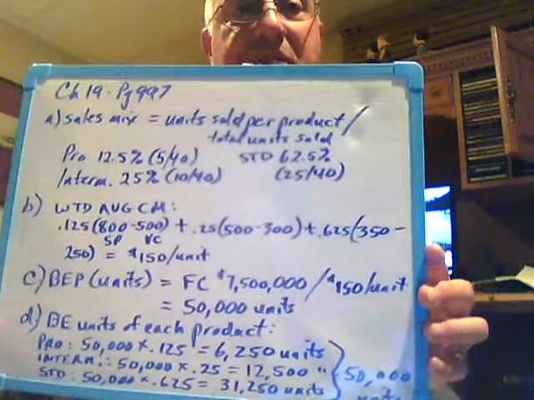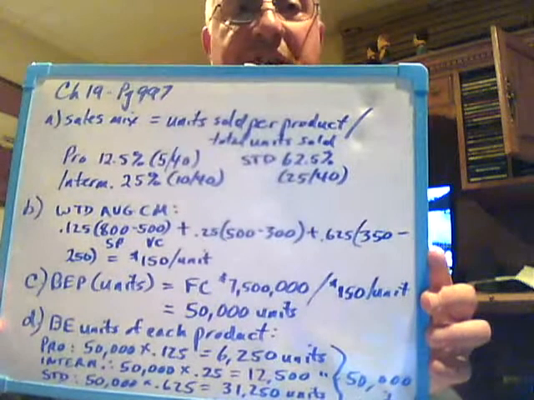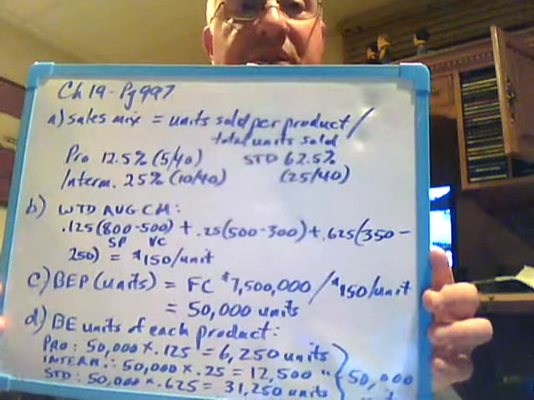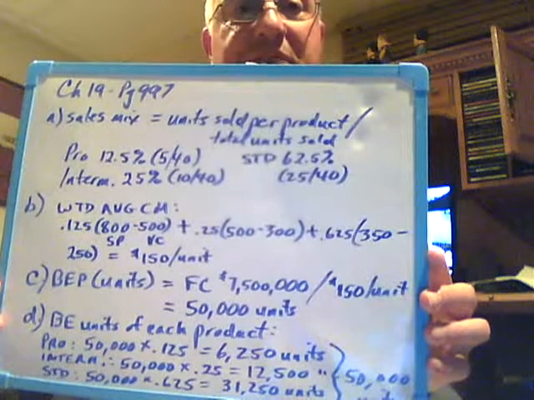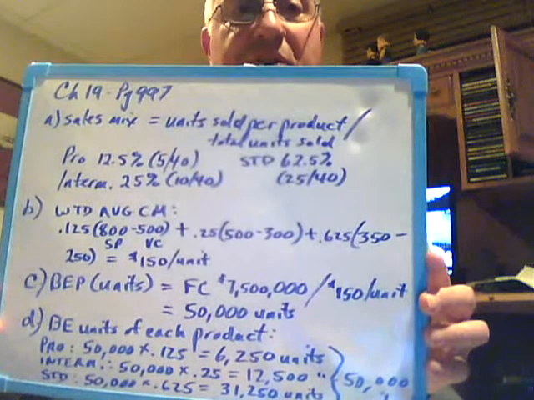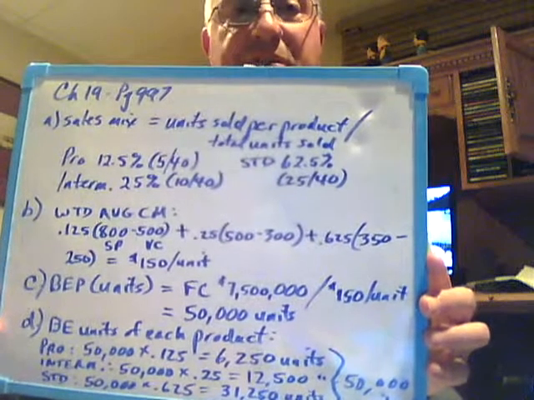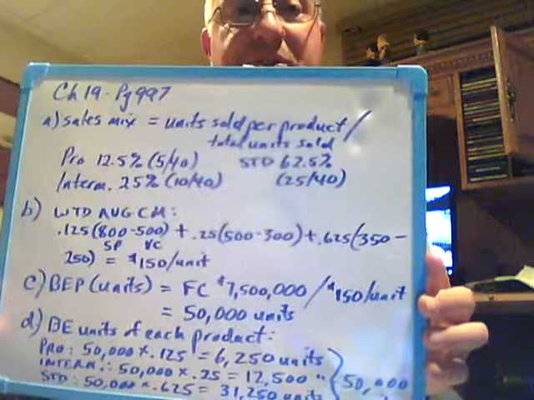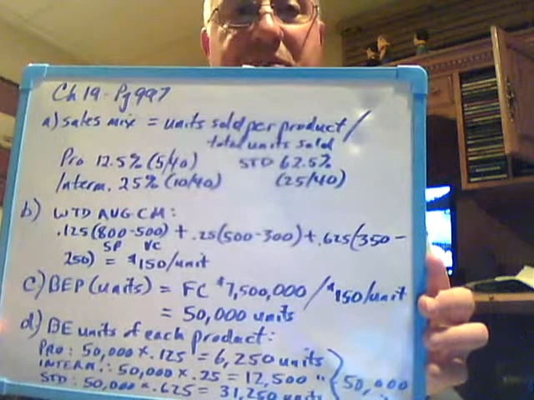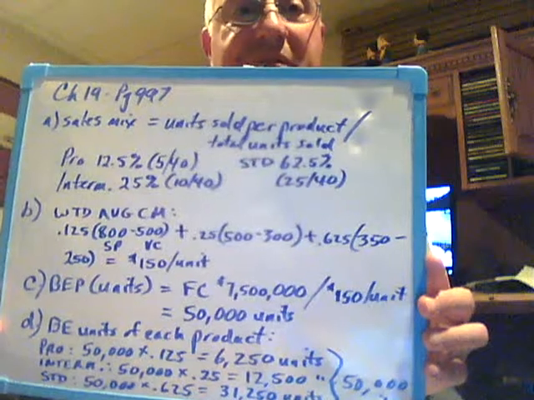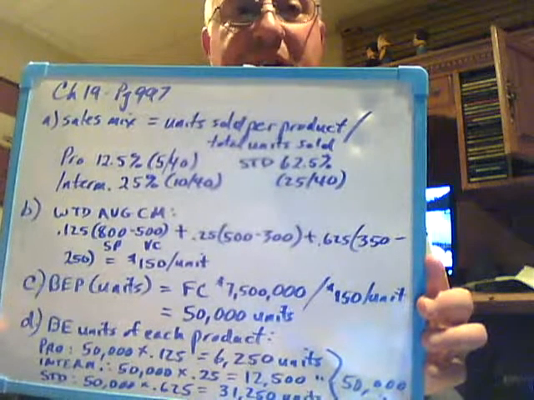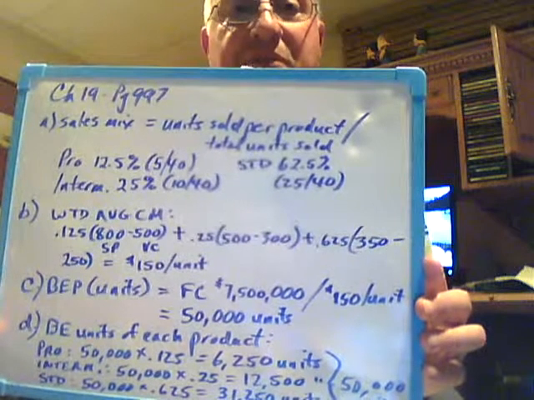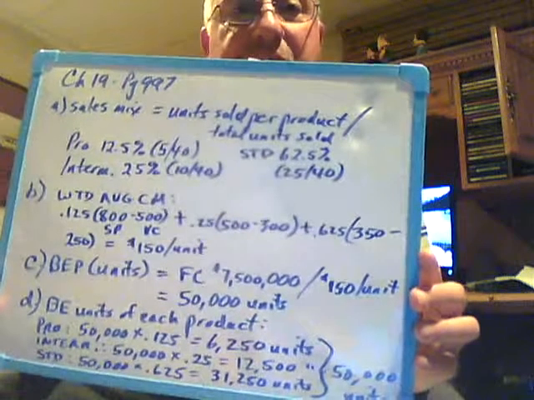And to determine that in part D, we need to go back to our sales mix percentages. So of that 50,000 units that we need to sell in total to break even, the Pro will comprise 6,250 of that based on 50,000 times its share, which was 12.5 or 0.125. Intermediate is 50,000 times 0.25 or 25%, and that gives us 12,500 of those units.